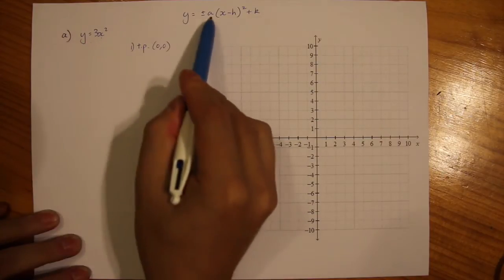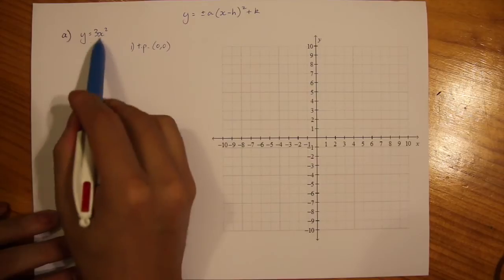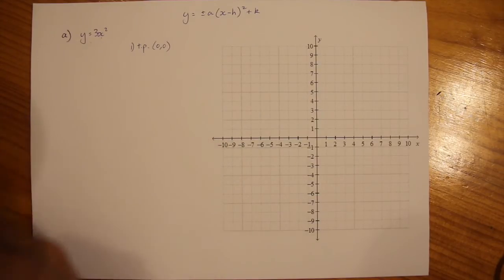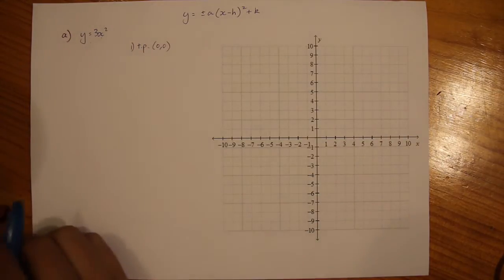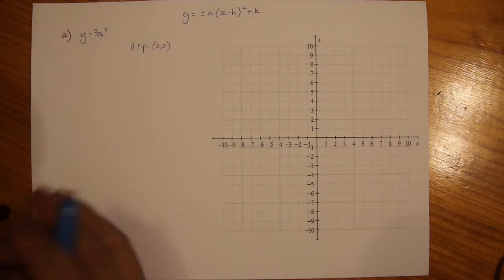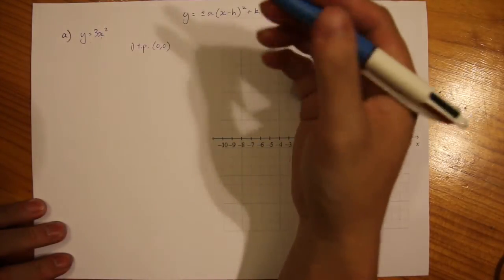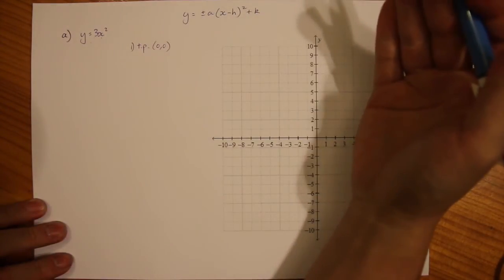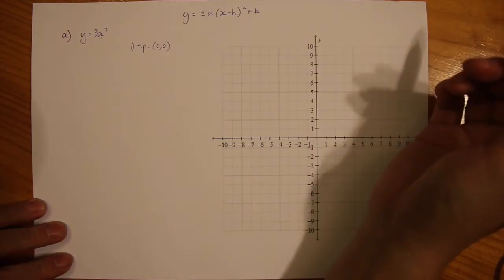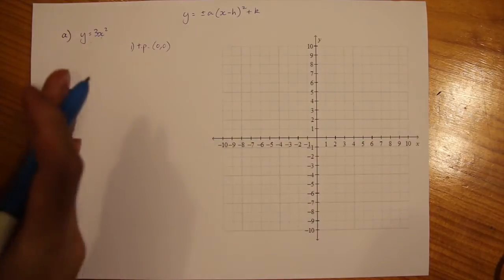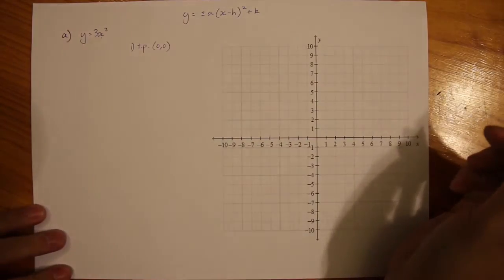The coefficient of x squared is the number that determines how dilated the parabola is, how wide or how skinny. Because this number is greater than 1, it's going to be a lot skinnier than y equals x squared.